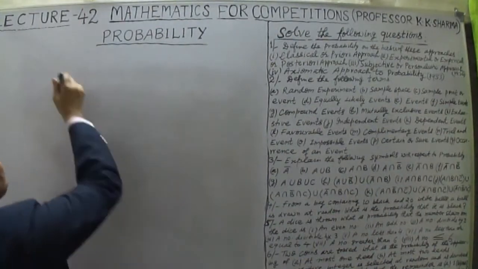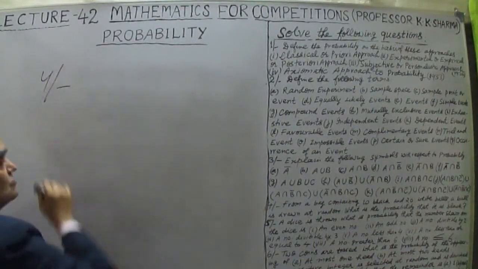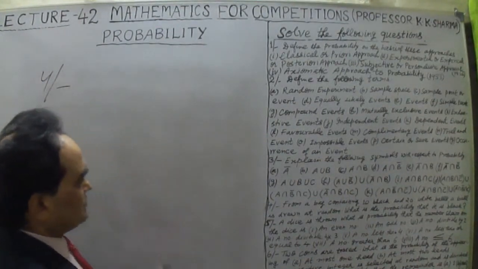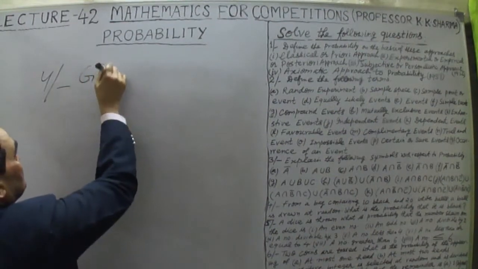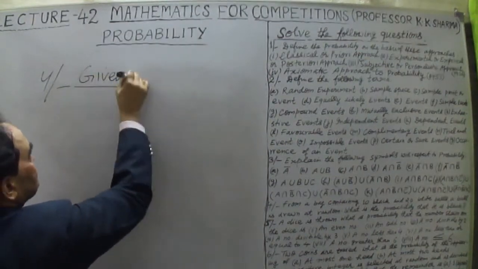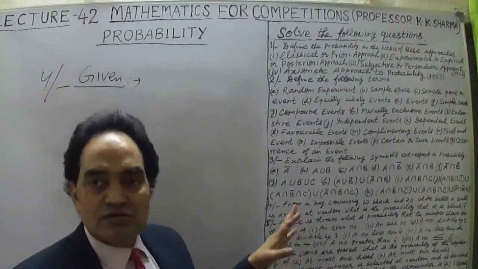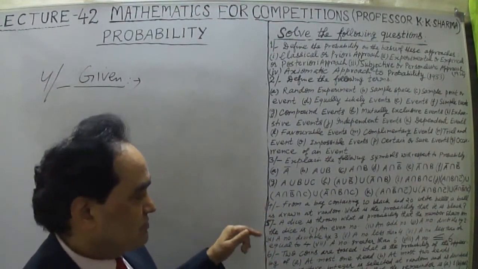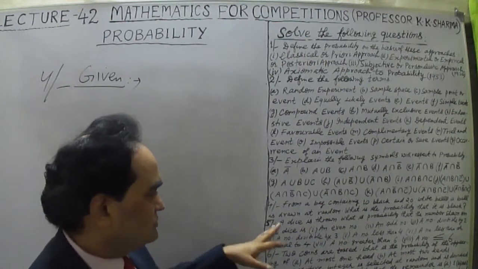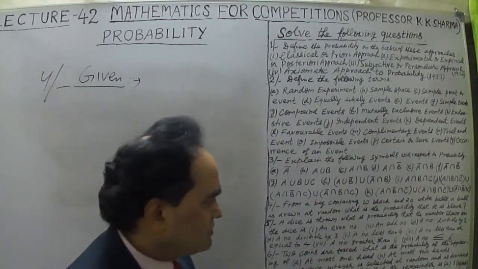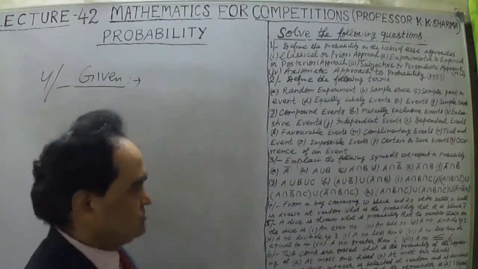Let us take now question number 3. What is given to us here? Let me write what is given. From a bag containing 10 black balls and 20 white balls, a ball is drawn at random. What is the probability that it is black?